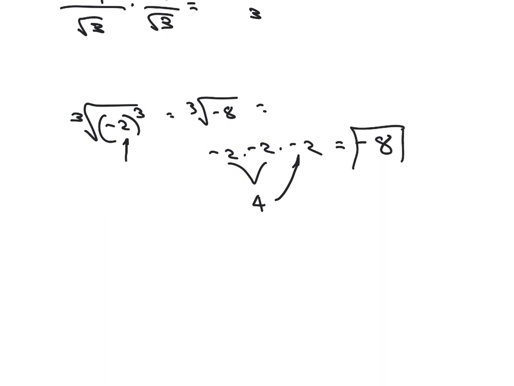So that's how we get a -2 for our answer. Even though we've got a negative under here, we don't take the absolute value of it if the exponent and the root are odd numbers. If they're even numbers, it will be positive. If it's odd, it's going to be the same sign as it is down here.